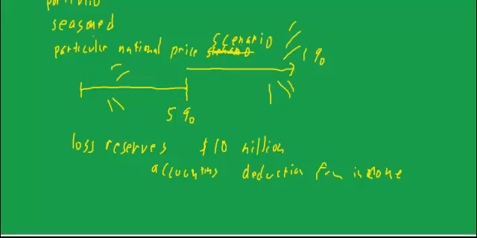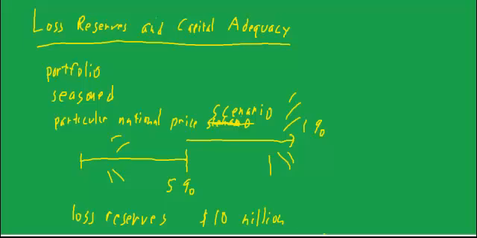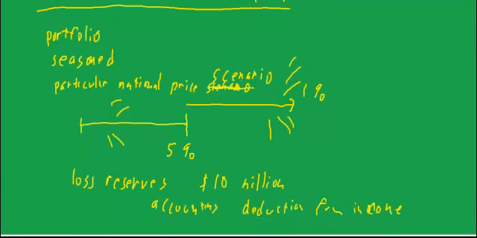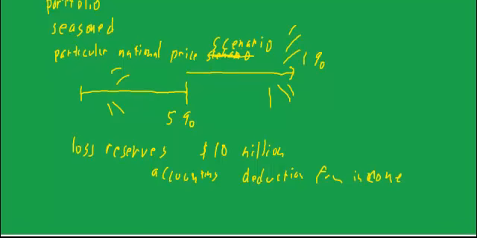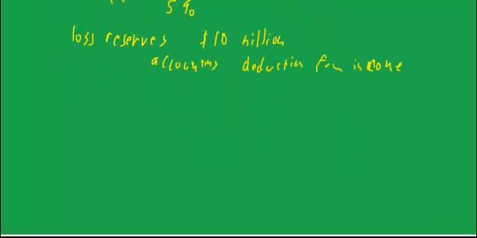So that was the first thing I was talking about, loss reserves. And the next thing is capital adequacy. With loss reserves, the scenario you pick would be sort of an average scenario or maybe a slightly conservative scenario.